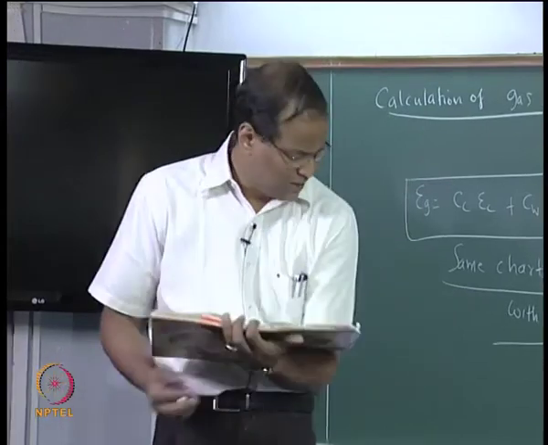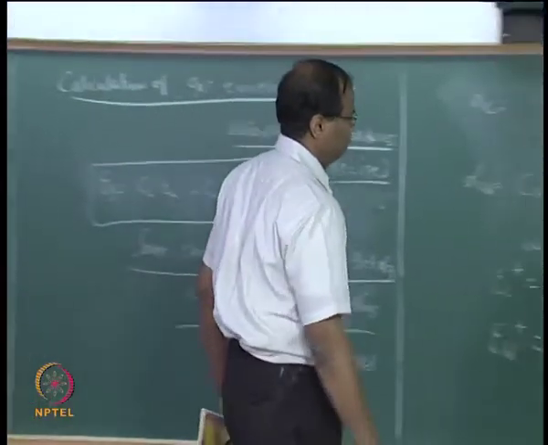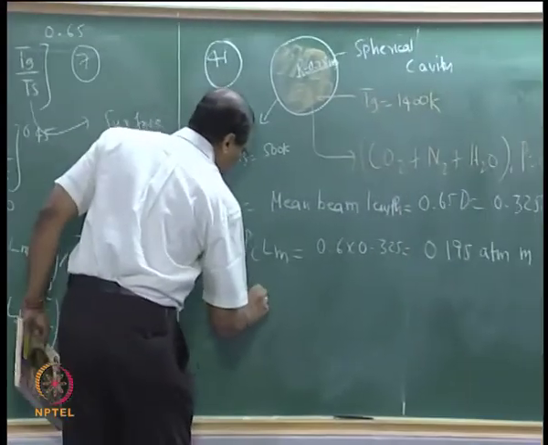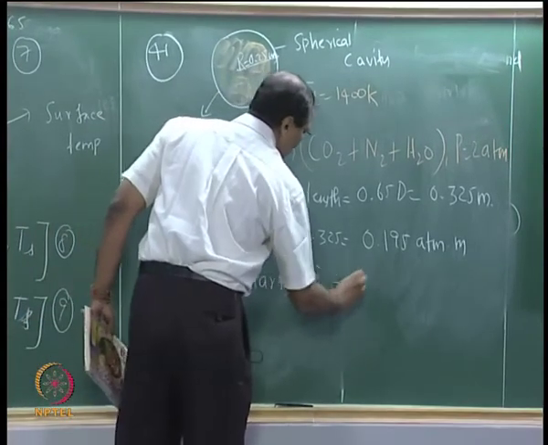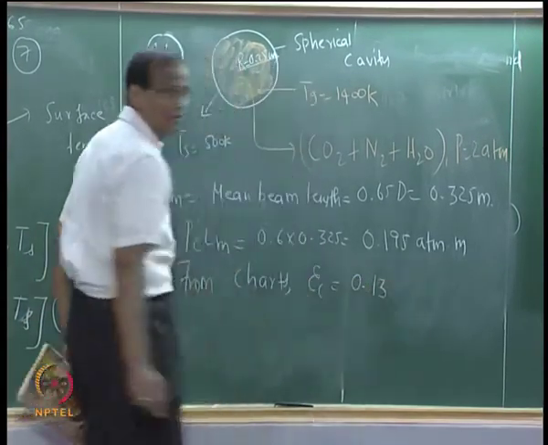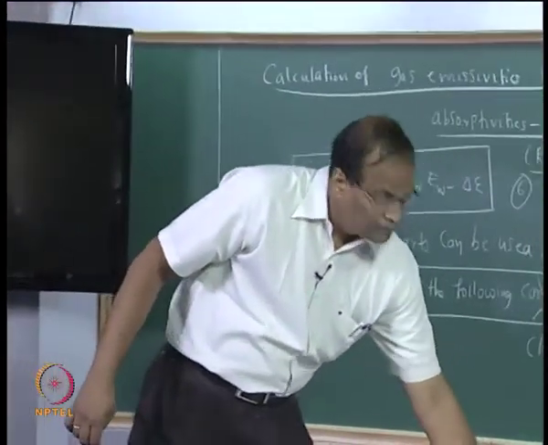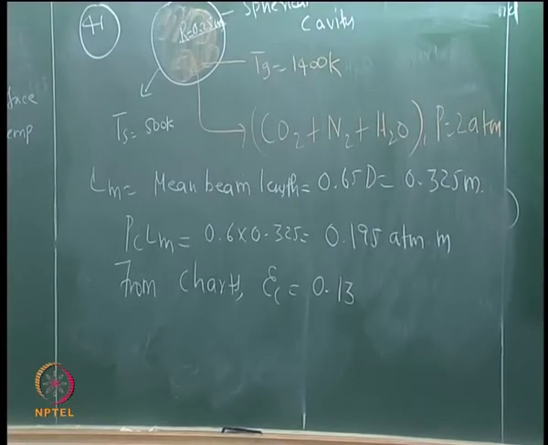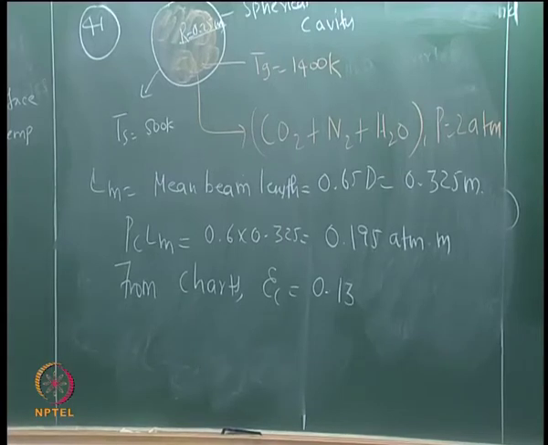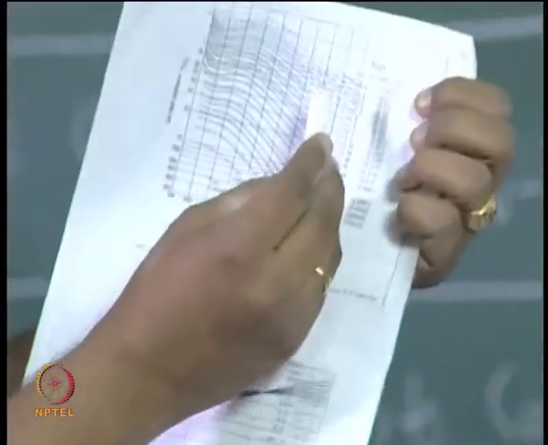Both are there, right? Then, okay, give me the first value, epsilon c. Is that correct? We have already found out the PC into LM. PC into LM is basically 0.195.